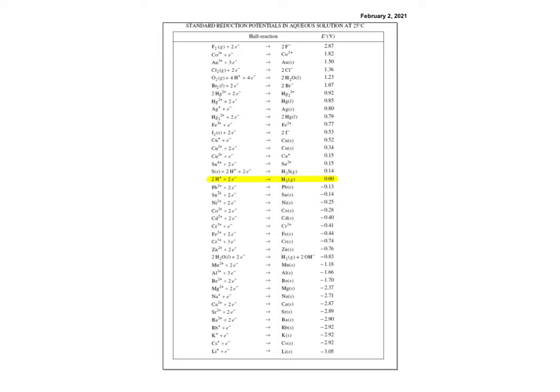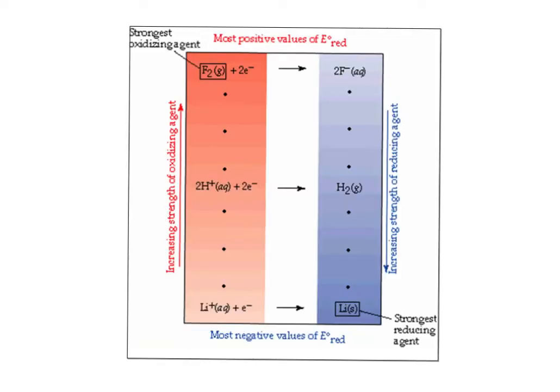So similar to what we just looked at with the water, these half reactions have a high potential for gaining electrons. These have a high potential for losing electrons. Here's another kind of version of this chart. Obviously, they left out some reactions, but we know that gaining electrons means that the element is reduced.